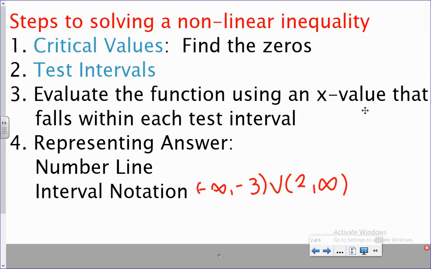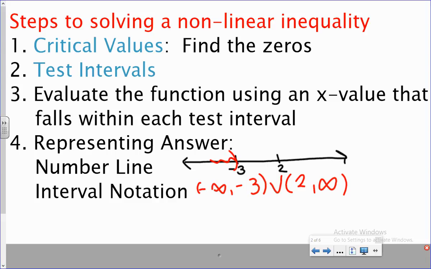On our little intro slide, our answer in interval notation was negative infinity to negative 3 and then 2 to infinity. If we were to represent this on a number line, we're literally going to make it look like the interval notation.